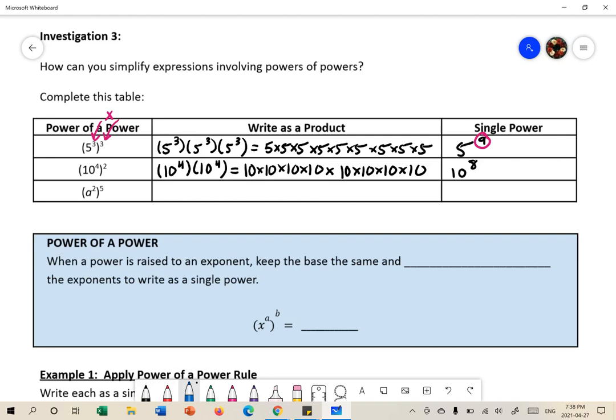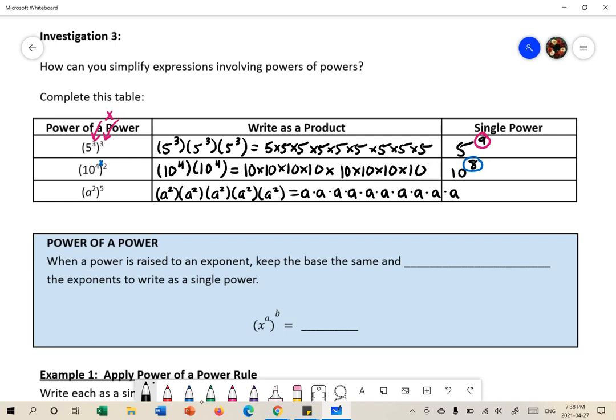Okay, so 4 times 2 is 8. And finally, variable a squared raised to 5. So that's a squared times a squared times a squared 5 times, which is equal to a times a times a times a times a times a times a times a times a times a.